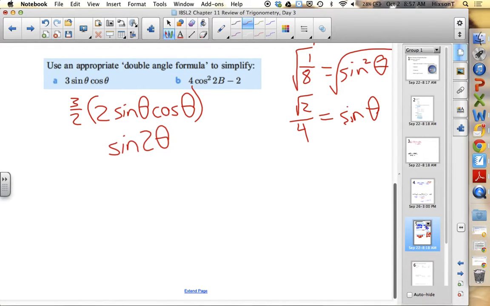So 3/2 times 2 sine cosine is 3 sine cosine. So now I can change this to my sine 2 theta, and it's just multiplied by 3/2. So, again, we're adapting a situation to be able to use a formula that's not specifically designed for that situation. Okay?